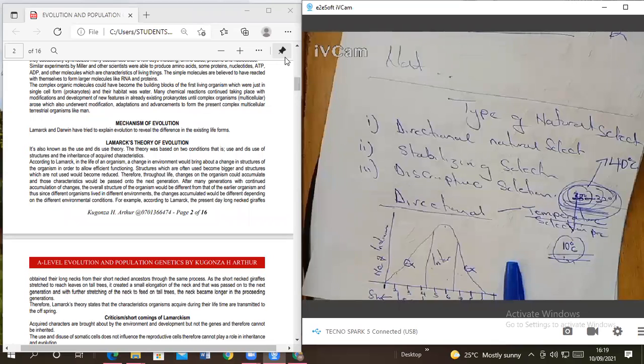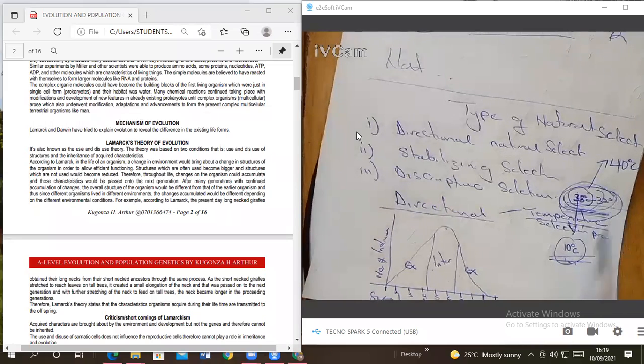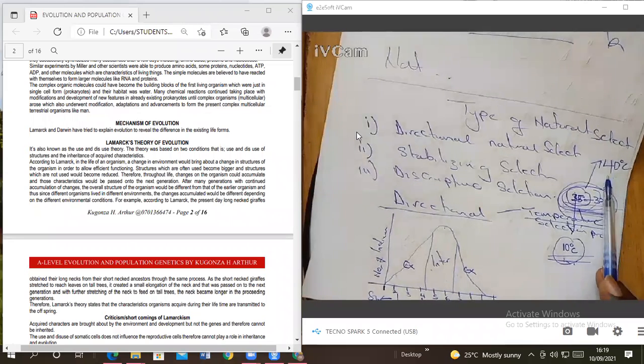Those with long fur will be selected against, and those with short fur will be selected for, because remember, it is hot.